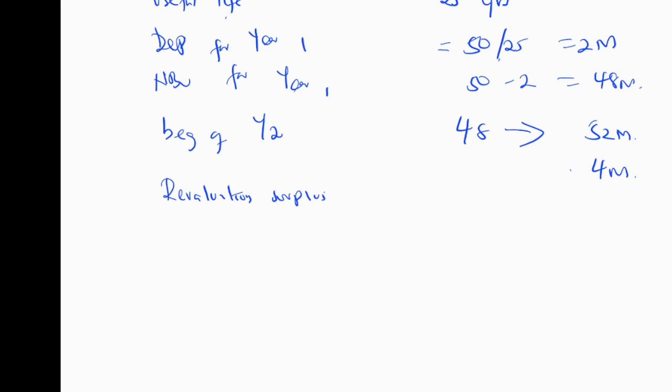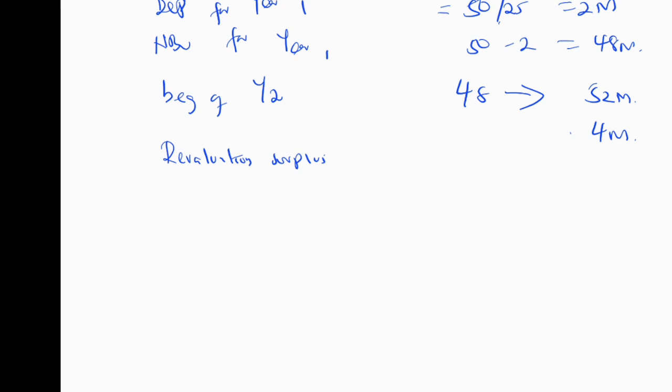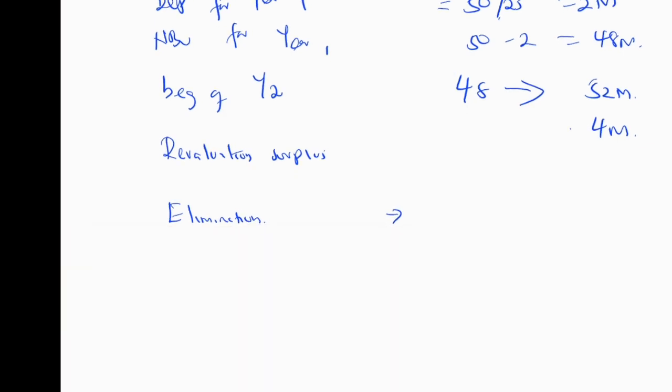But how do we do this? There are two methods which you can use, the elimination method or the restatement method. Let's start with the elimination method. Elimination is just removing the accumulated depreciation from your books. So you assume the 2 million is reversed and the asset has returned to 50 million.